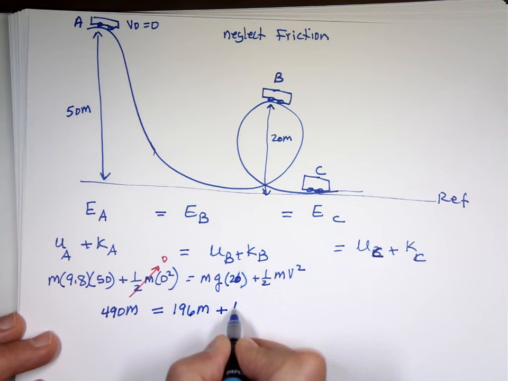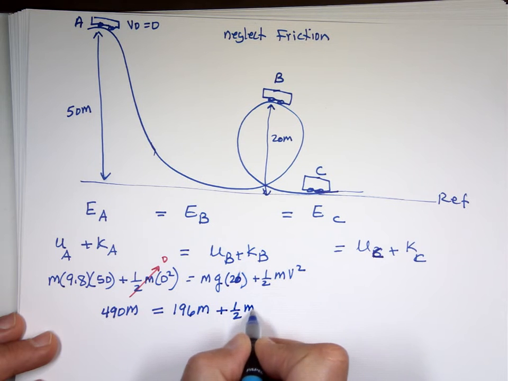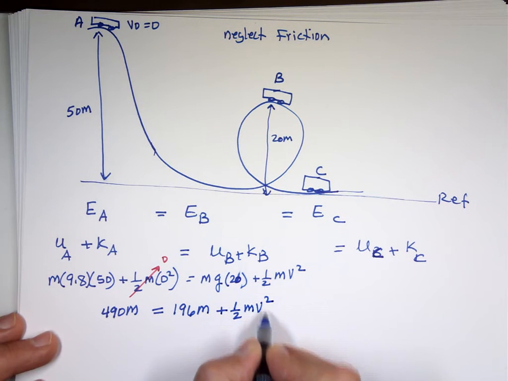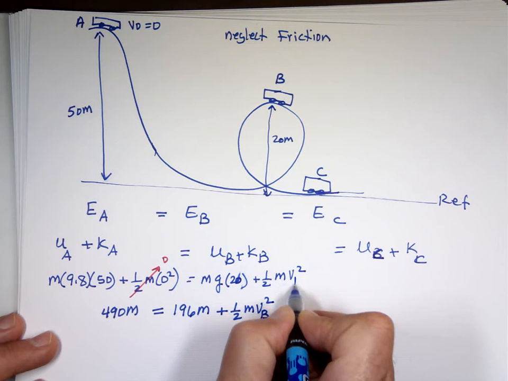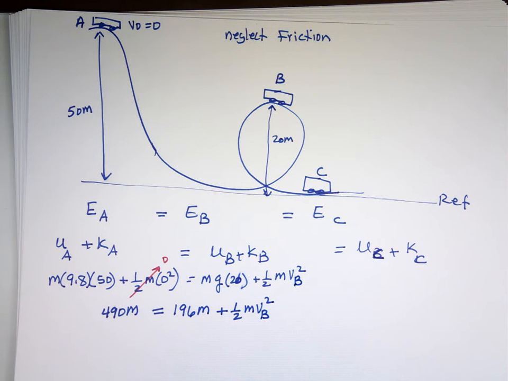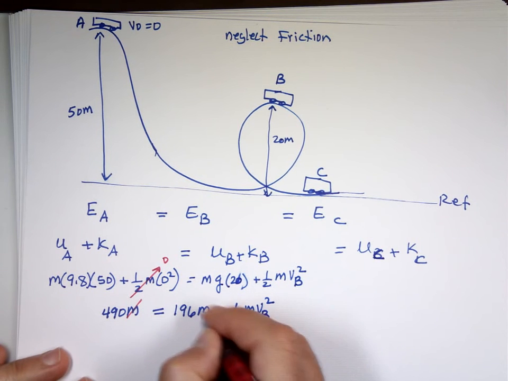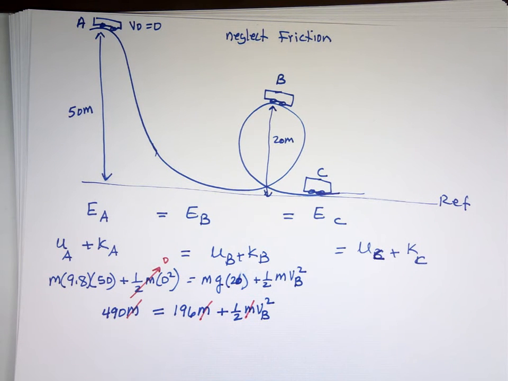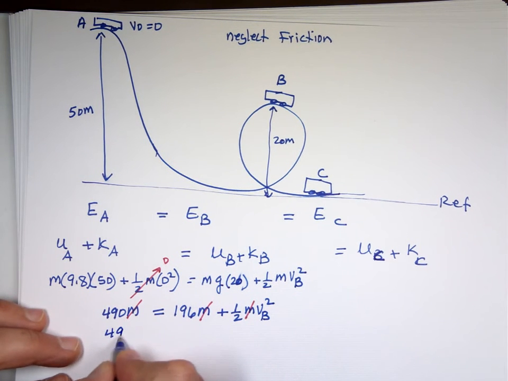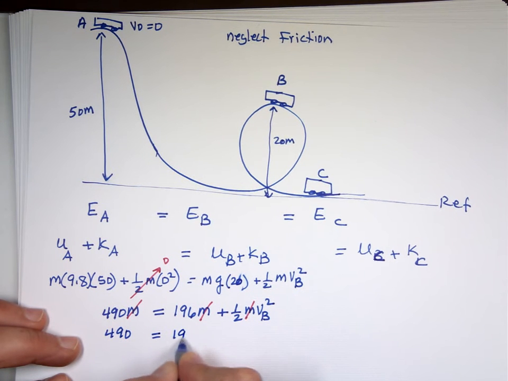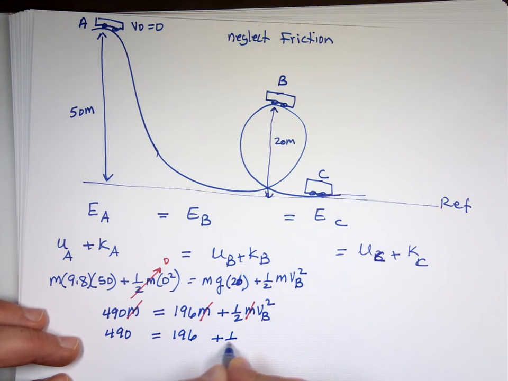Plus 1/2 mv squared. That's the velocity at B. I'll call it VB, the velocity at point B. Notice every term has an m in it. Mathematically, I can just take my eraser and erase the m's out. That's dividing every term by m. So now you have 490 equals 196 plus 1/2 the velocity of B squared.